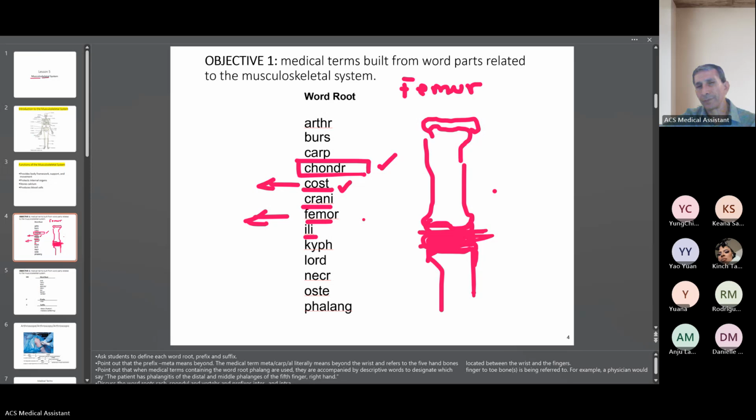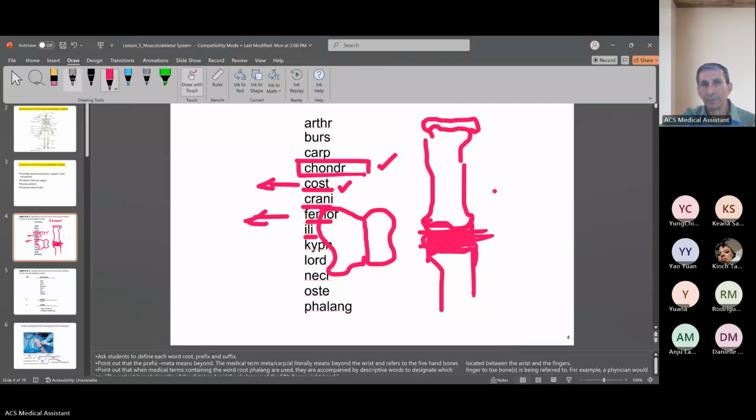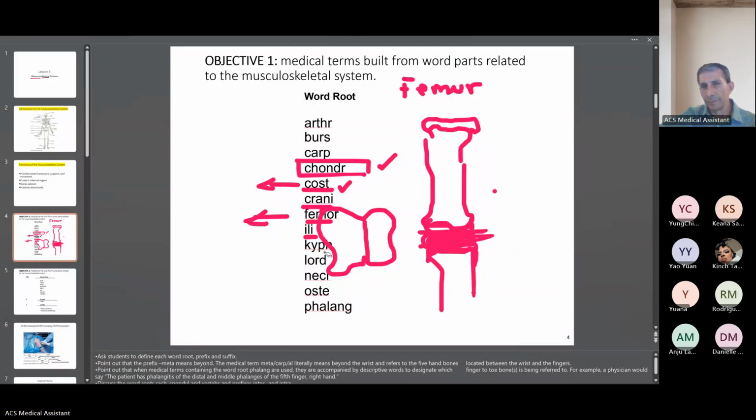Ili. Iliac comes from iliac or ilium. These are the bones of the hips that look like ears. See, they are attached together. These are the hips. These are the hip bones. Ilium. We're gonna see later on, I think that I have an image with the bones of the hips.